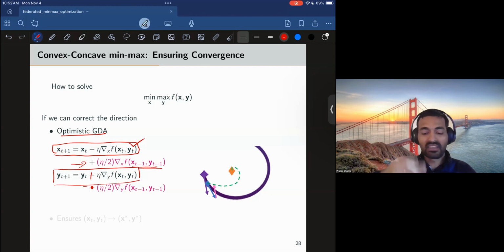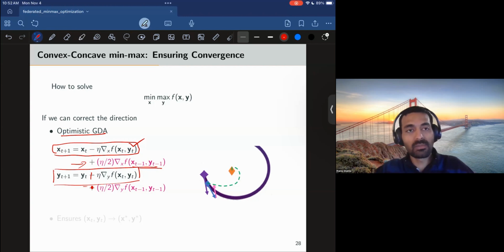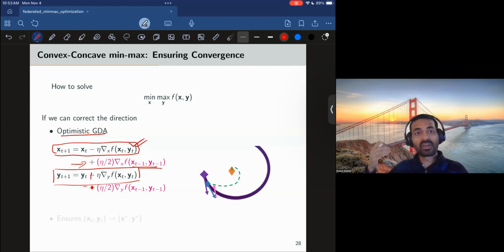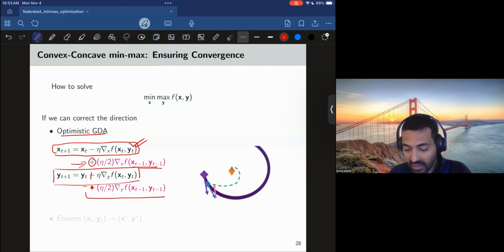So we are sitting at xt comma yt. We are going to xt plus 1 comma yt plus 1. Instead of just adding the gradient at the current point, it also considers the gradient at the previous point and adds it back in. Similarly, when updating the y variable, it subtracts this gradient at the previous point.